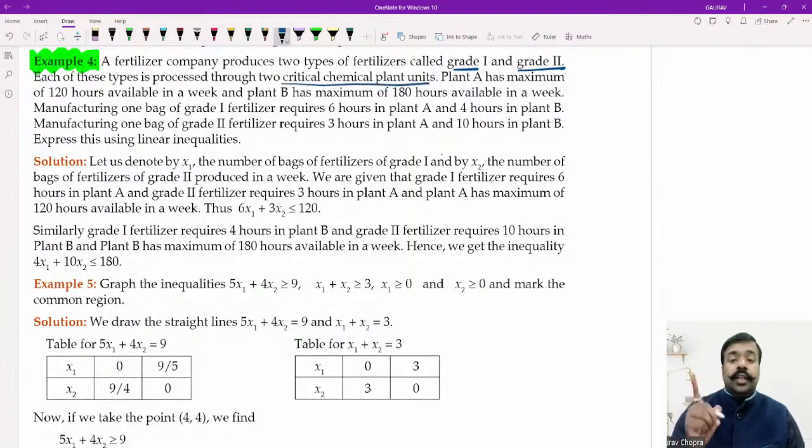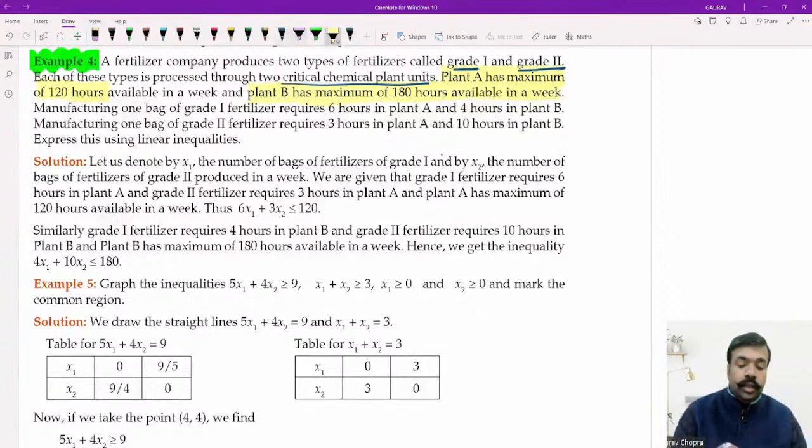So grade 1 and grade 2 both have to pass through plant units. Plant A has a maximum of 120 hours available in a week, whereas plant B has 180 hours available in a week. So these are the limitations of A and B.